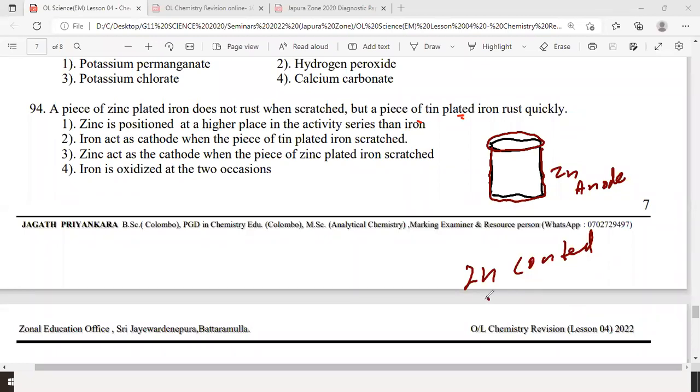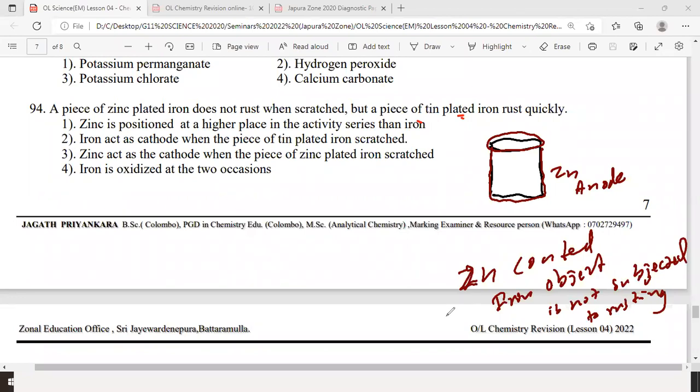A zinc coated can, tin or container is not subjected to rusting. A zinc coated iron object is not subjected to rusting. Is that clear? A zinc coated iron object is not subjected to rusting.